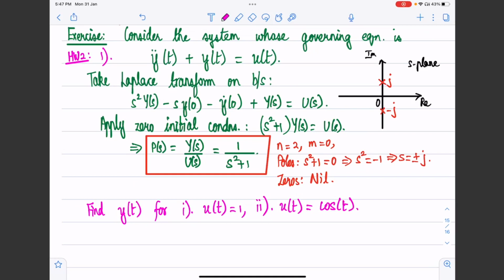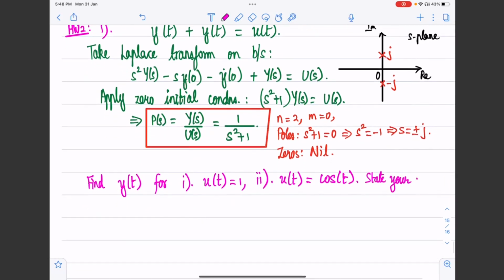However, for cos t, the angular frequency is equal to the magnitude of the pole, so you will see that the output will become unbounded. Essentially, find and then state your observations. I have already told you what your observations should be, so you just do the problem and ensure that you are getting the same observations. That is the first one.